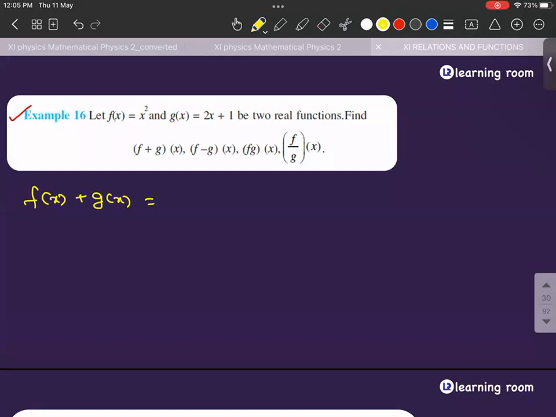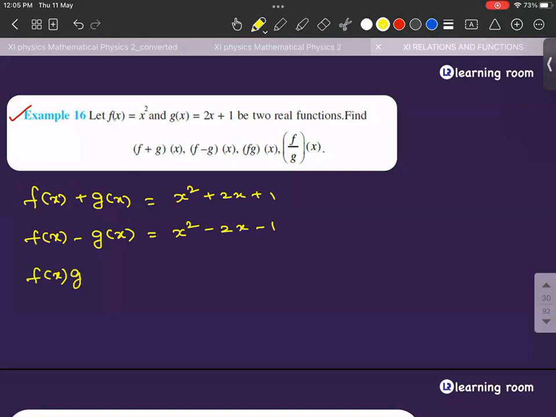Balaji, tell me. So the answer is x square plus 2x plus 1. That's it. So next is f(x) minus g(x). The answer is x square minus 2x minus 1.